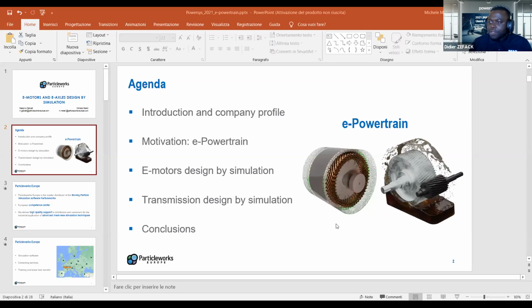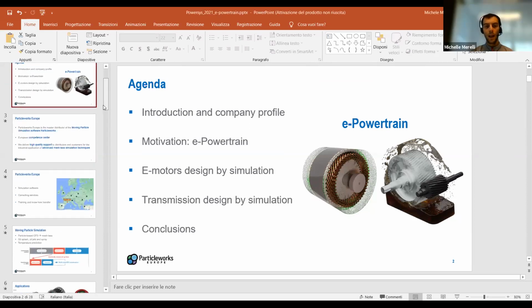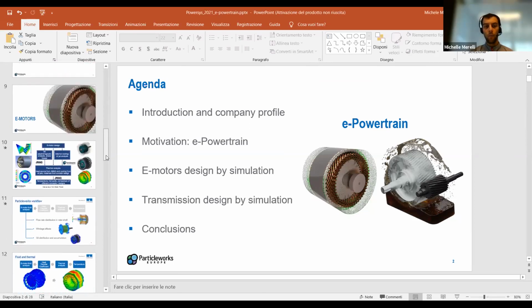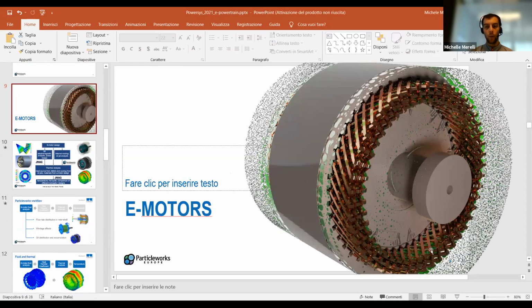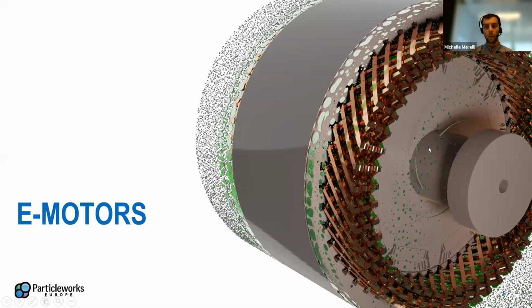So I have one question, Michele. Is it possible to analyze the effect of the jet velocity and position of the jet nozzle? Yeah, of course. In the improvements here of the Emotor and system cooling, we have different strategies. One is to, of course, understand the flow distribution between the different nozzles.